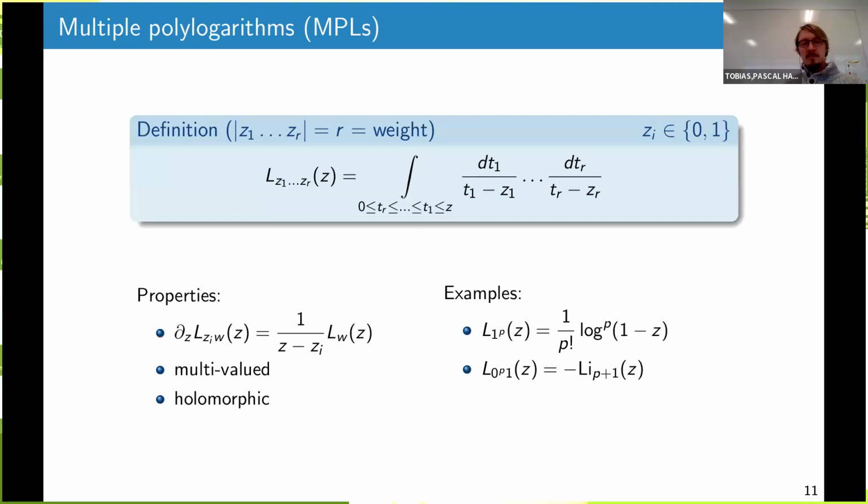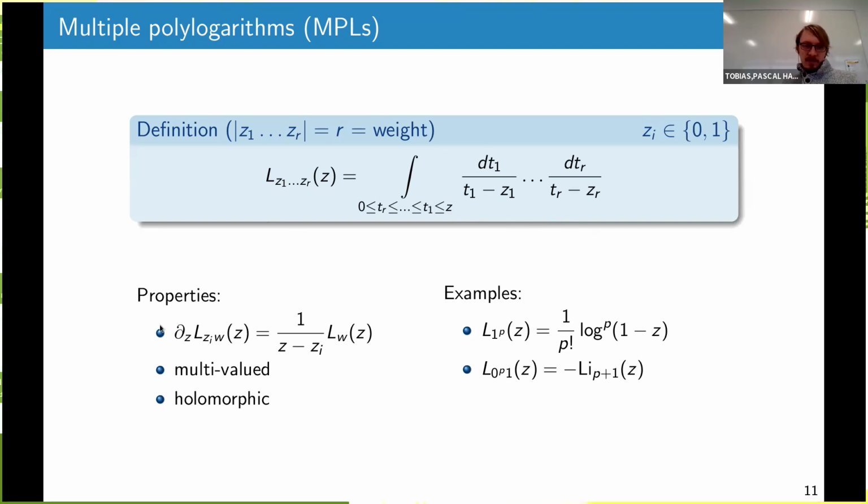So first we start with multiple polylogarithms. These are a generalization of the classical polylogs I showed on the previous slide. They are labeled by a word made up out of letters z1 to zr, and they're defined as these iterated integrals where the letters tell us the poles of the integrand.